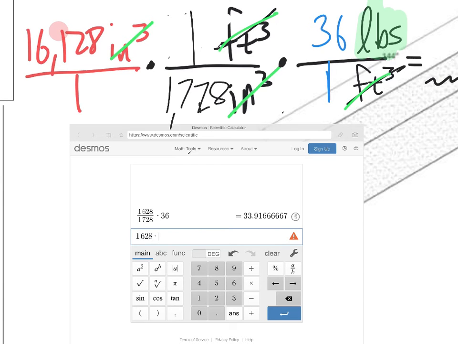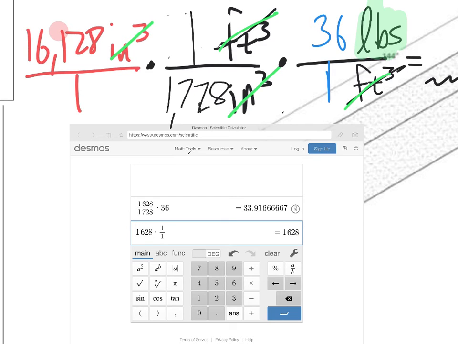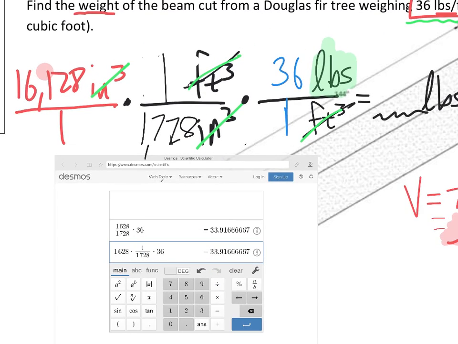Again, Desmos kind of makes these fractions when you hit divide. So for this particular calculator, Desmos, you can just multiply it. You don't have to put the over ones, and we're not putting the units in there. But so 33.9 pounds, okay?